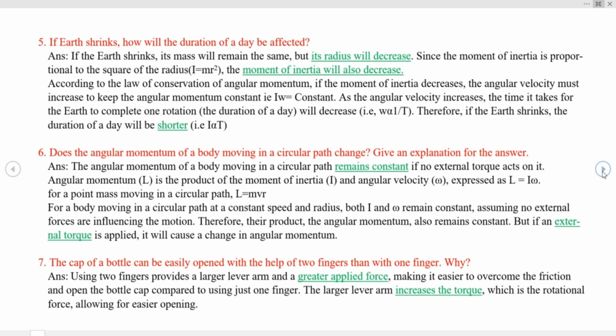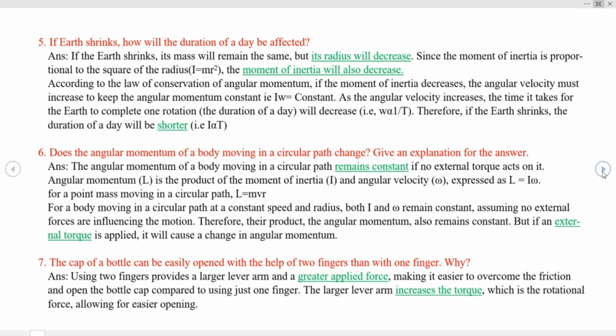Next question we have is, does the angular momentum of a body moving in a circular path change? Give an explanation for the answer. So the angular momentum of a body moving in a circular path remains constant if no external torque acts on it. Why? Because angular momentum is the product of the moment of inertia and angular velocity and is expressed as L equals I omega.